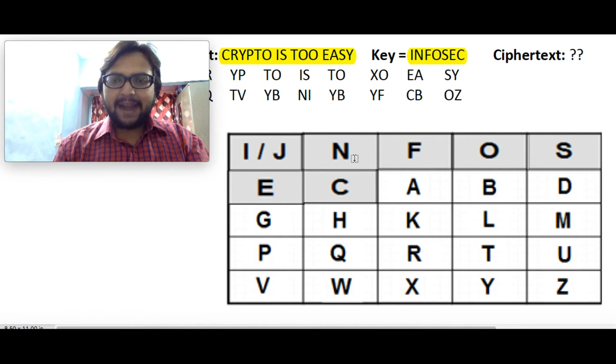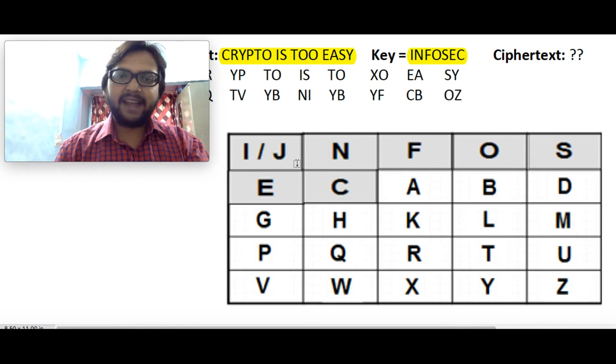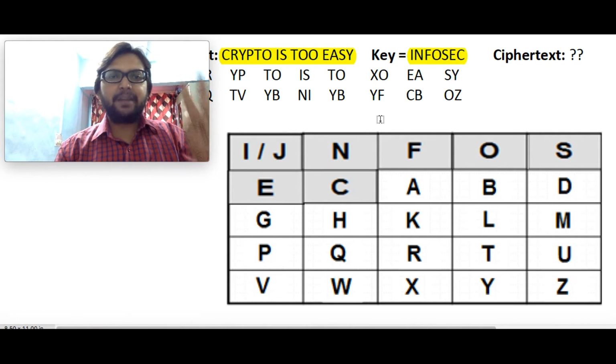So let's start writing our key in this particular matrix in the same sequence, in row sequence only. So first I'm going to write either I or J, whatever is present there. So as you can see, I/J, then N, F, O, S, E, C. Now remember, if at any point any alphabet repeats in your key, then we are not going to write the same alphabet twice.